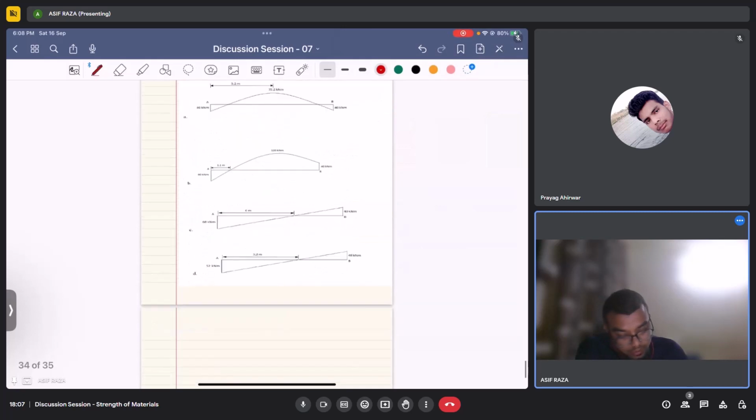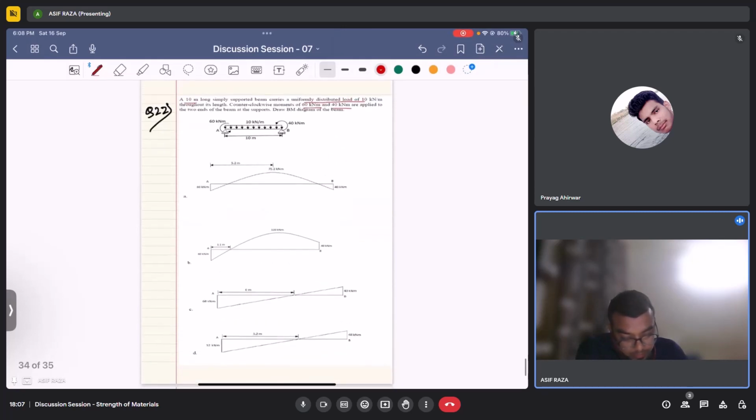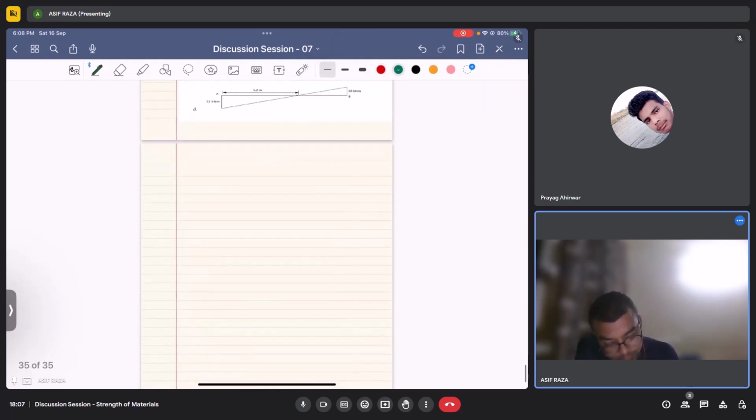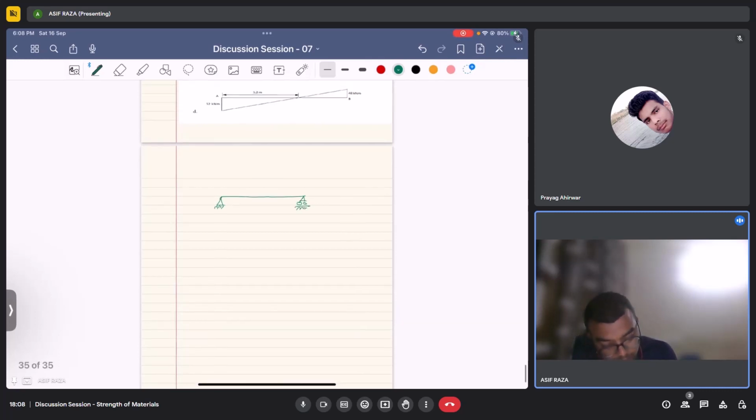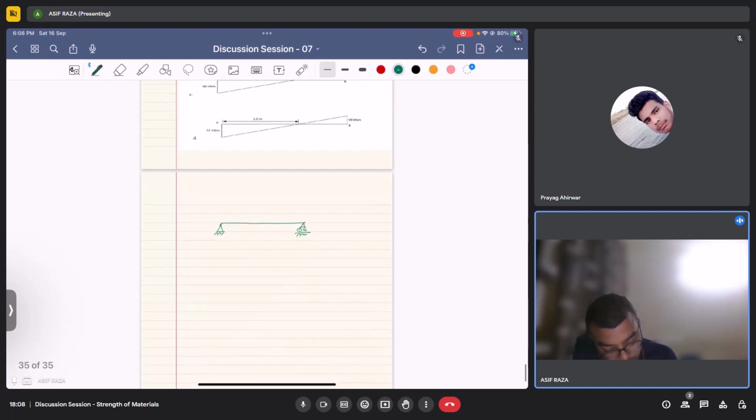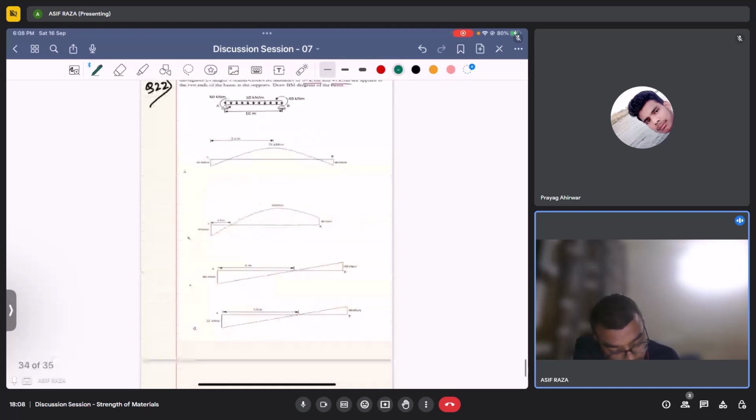Okay, let's draw the beam first here. We are given a simply supported beam with a UDL of 10 kN per meter. Length is 10 meter.